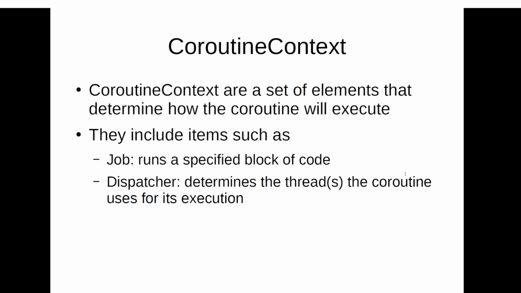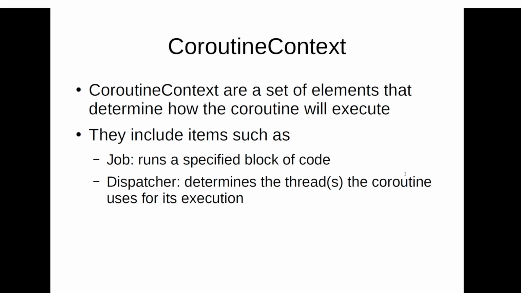When creating your own coroutine context, you can optionally provide a job, where a job is essentially what executes a specified block of code, and it takes that code execution through a set of state transitions from its initial active state all the way to its completed state.